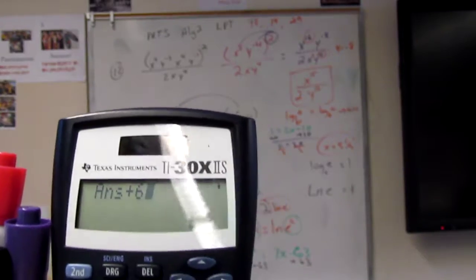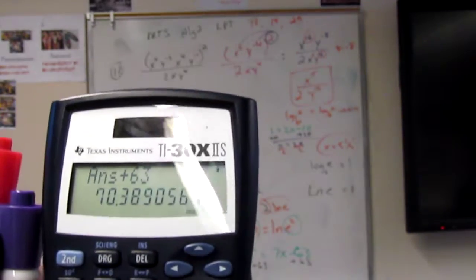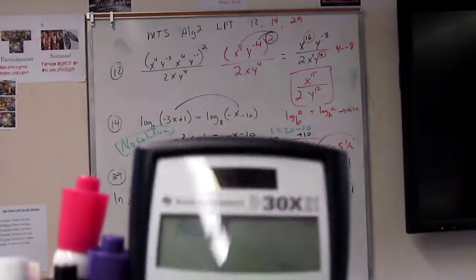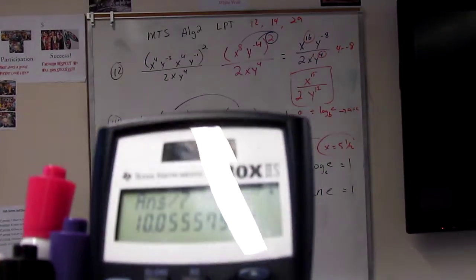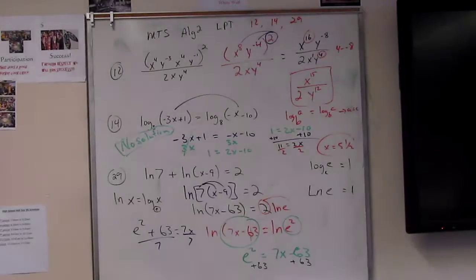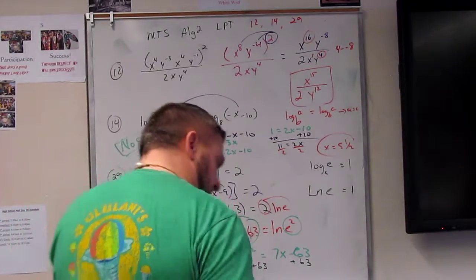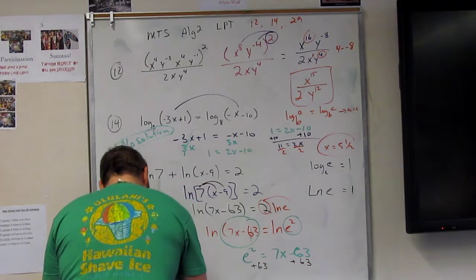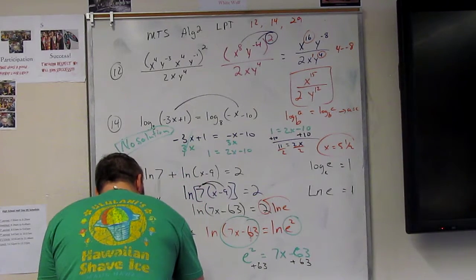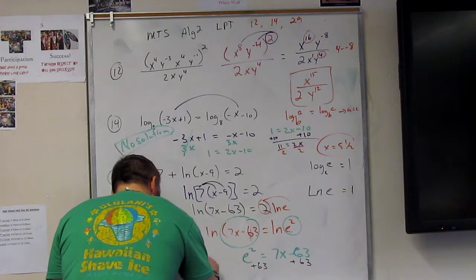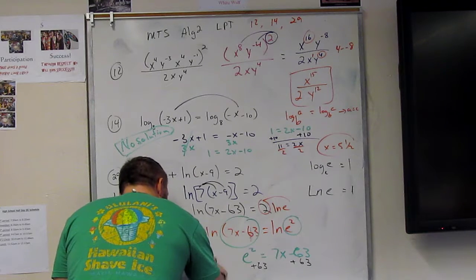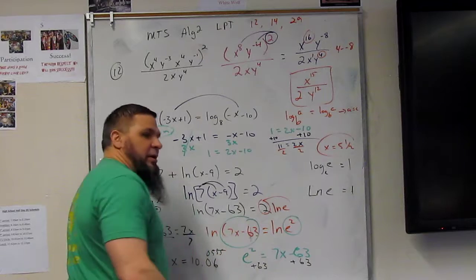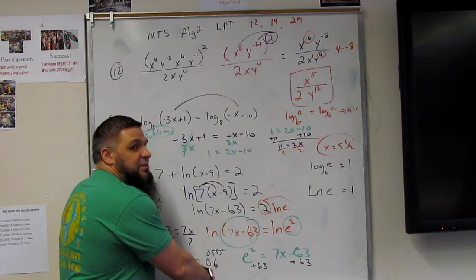Plus 63 equals, so that's 70.38, divided by 7 equals, so that's 10.0555. So I would say that's 10.06, because the 555 changes this to a 6.